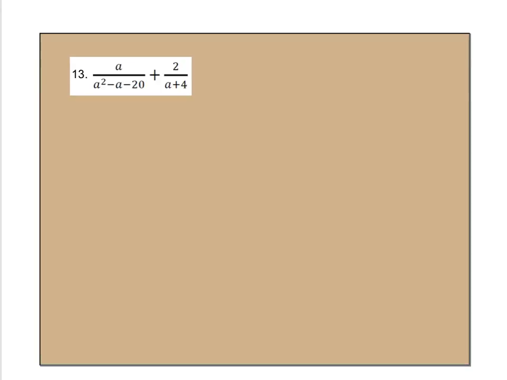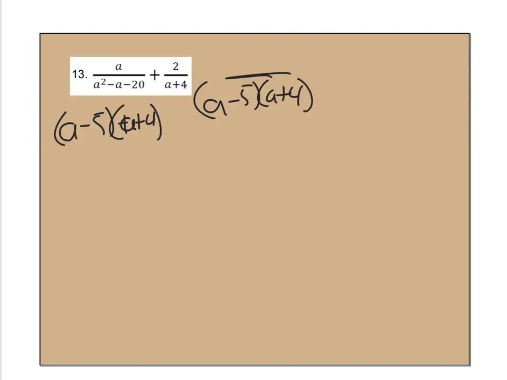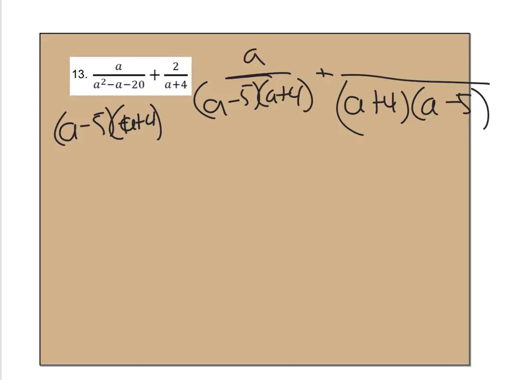So 13, this would just be a minus 5, a plus 4. So that means that for the first one, nothing would really change. I would just factor the bottom. On the second one, a plus 4, I've got to put on an a minus 5. First one, top stays the same. Second one, I need to put an a minus 5 up there.